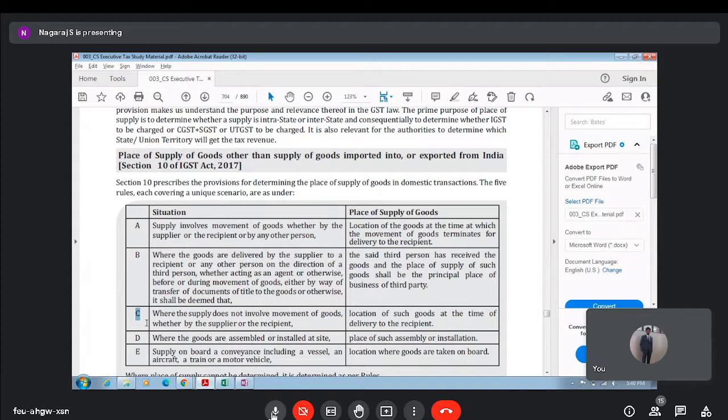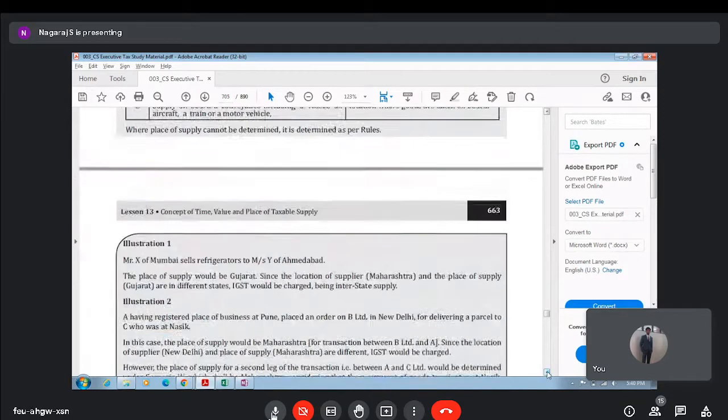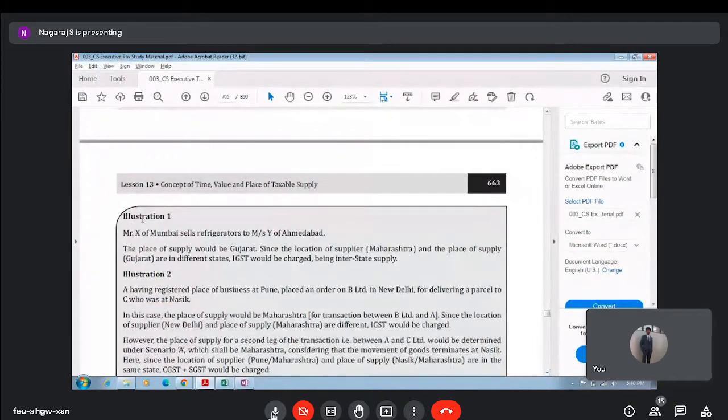Okay, we are coming to service. See here. Mr. X of Mumbai sells a refrigerator to Messrs. Y of Ahmedabad. Where is the place of supply? Does the supply involve movement? Yes, sir. Where does the movement terminate?